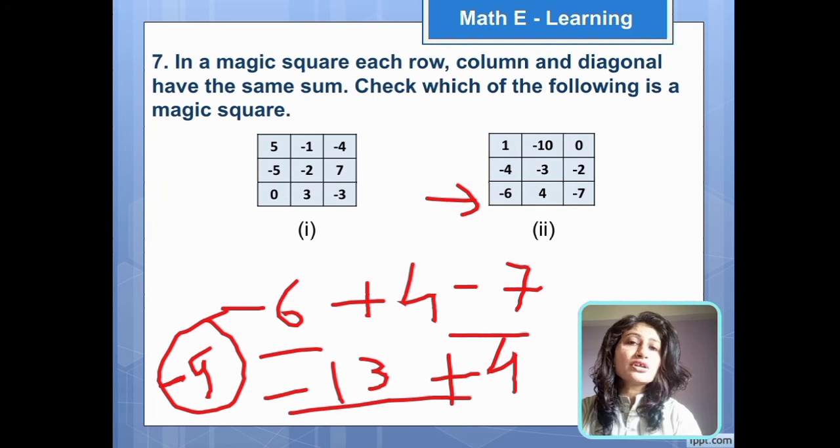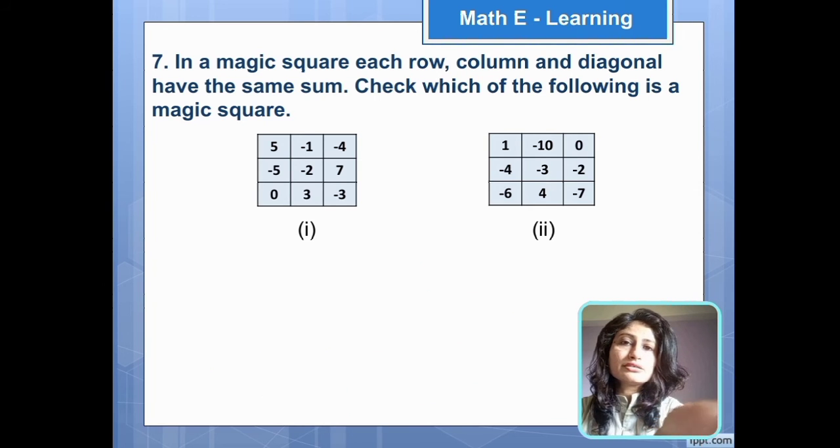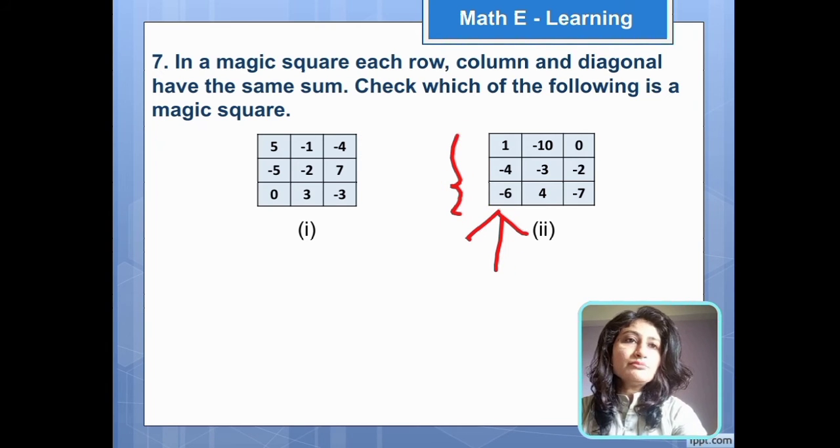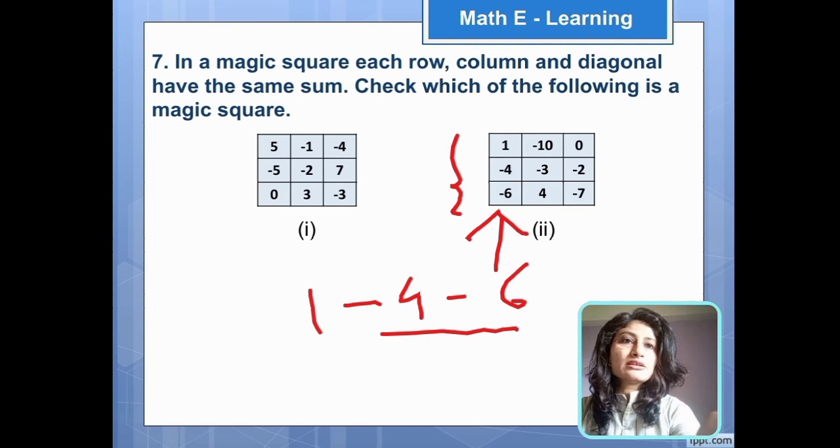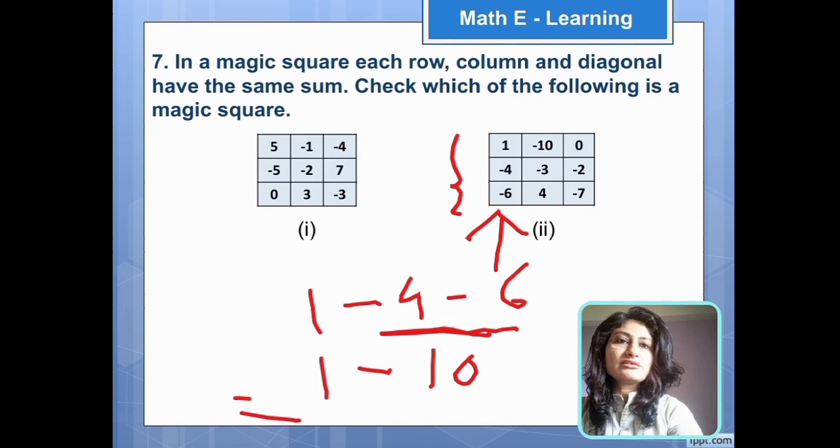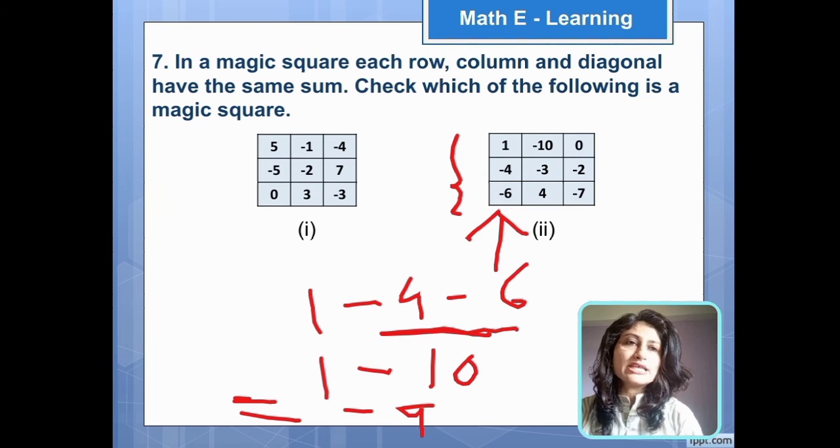Now we check for columns. 1, minus 4, minus 6. 1 as it is, this minus minus plus, and it is minus 10, and 1 minus 10 is equal to minus 9. So the sum of the first column is minus 9.